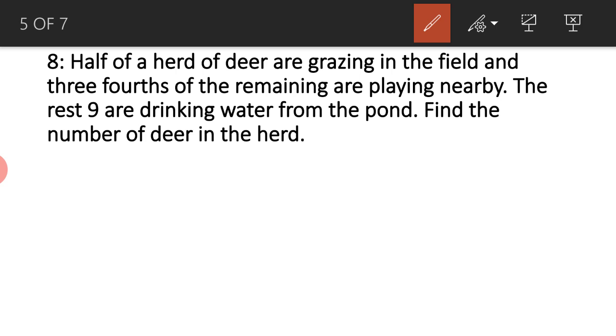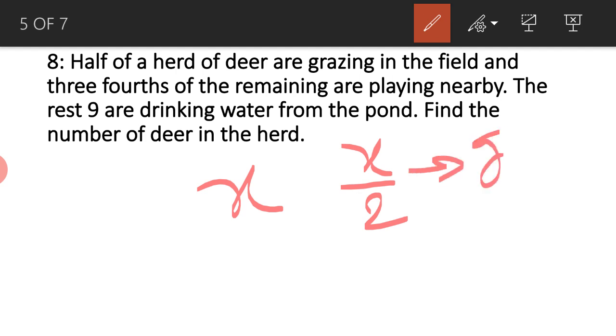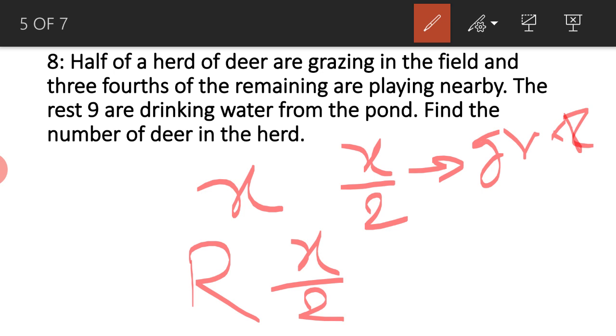So let us do, suppose we don't know the number, so we take that number to be x. Is it okay? Now half of the deer means it will be x by 2. They are grazing. Now how many are remaining, children? Can you tell me? x by 2 are remaining. x by 2 are grazing, so remaining are x by 2. Now out of these remaining, see, this is important.